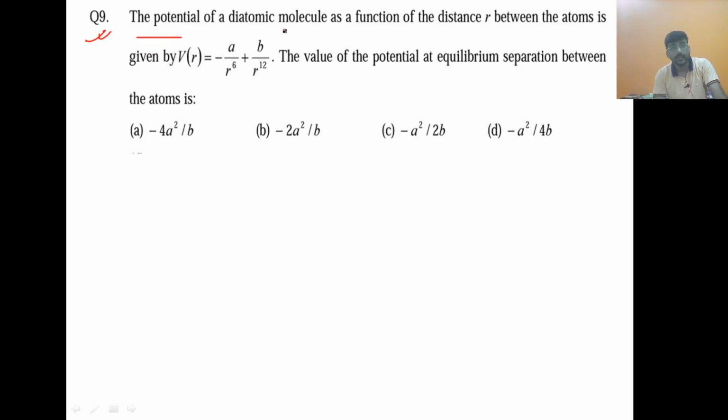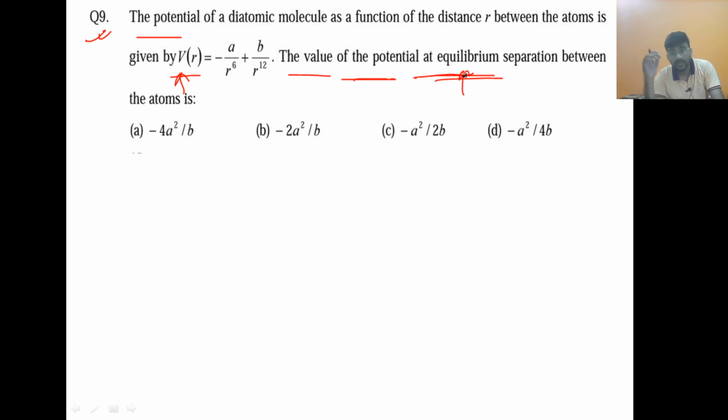The potential of a diatomic molecule as a function of the distance r between the atoms is given here, V of r. Okay, so potential is given. The value of the potential at equilibrium separation. So at equilibrium, V will always be minimum or maximum. It depends on what type of equilibrium it is.